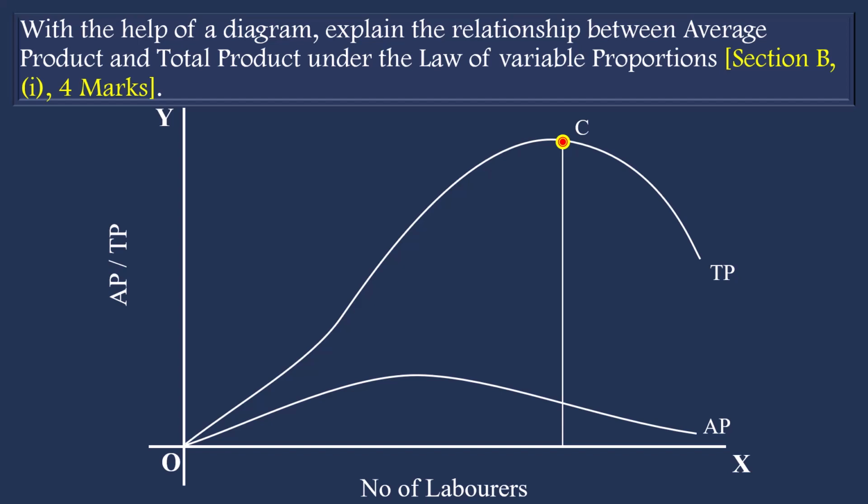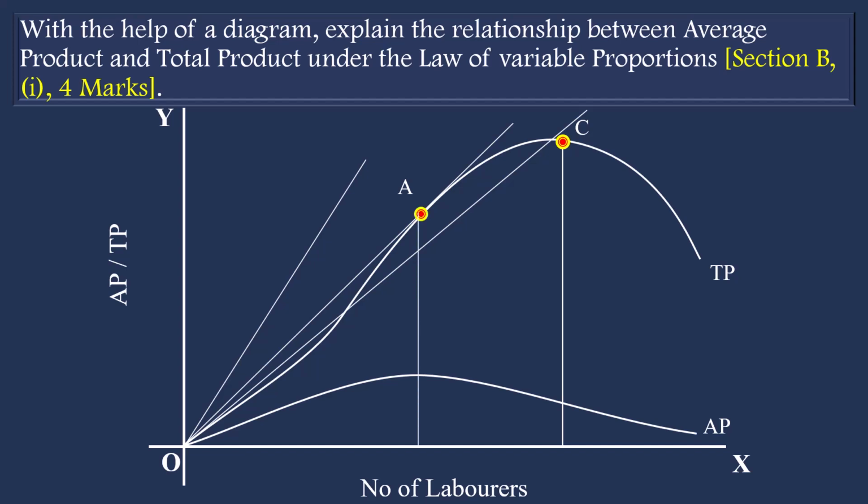of variable proportions. First relation. If a ray is drawn from the origin, it becomes a tangent to the total product curve at point A. This is the only ray possesses this character. All other rays drawn from the origin will either cut the total product curve or lie away from the total product curve.